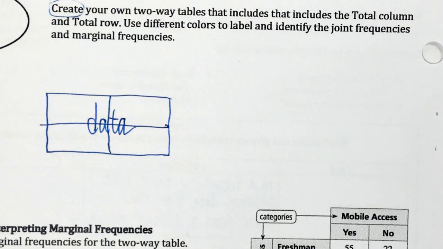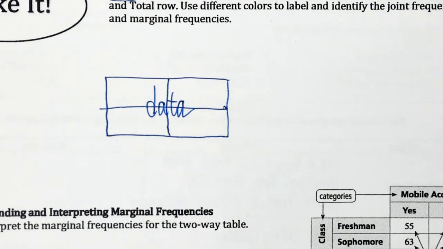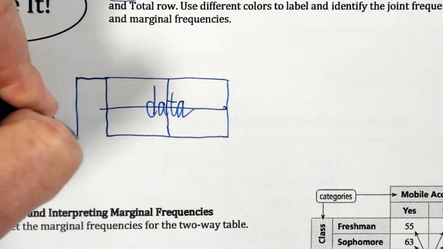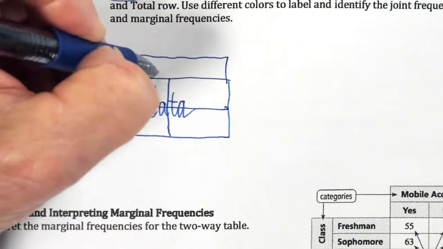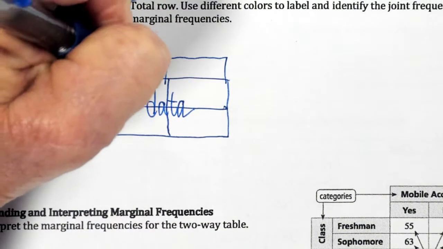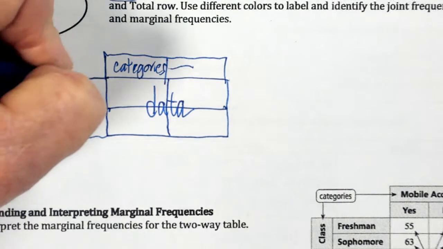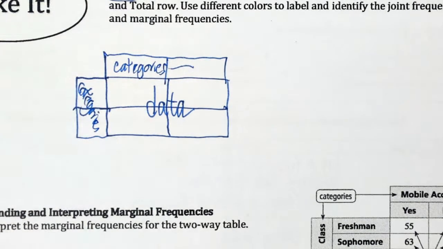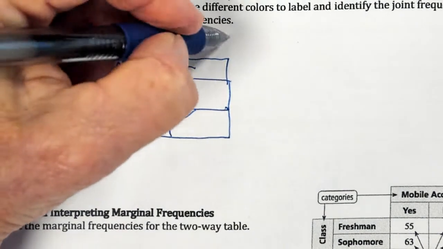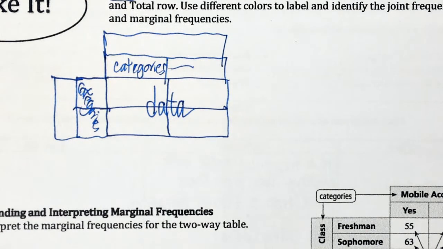But remember, I need to have the data coming from two different categories. So where do my category labels go? They go on the outside of my table. So these are my categories: categories here, and then categories here. All right, and then obviously I have some kind of a naming convention as well.